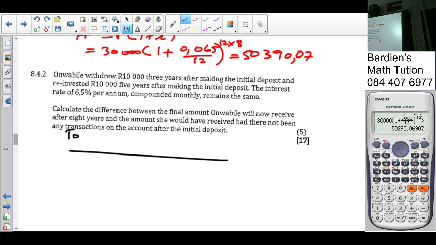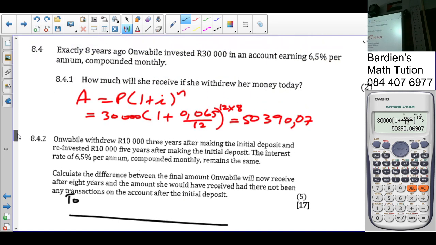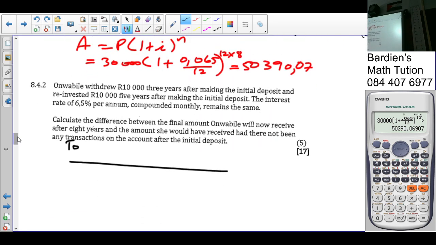She deposited initially 30,000 Rand. She withdraws 10,000 three years later and reinvests 10,000 Rand 5 years after the initial deposit.